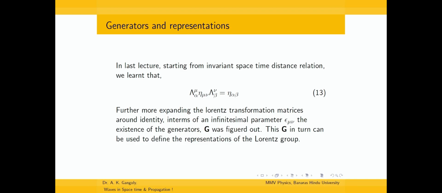These generators were defined in terms of a matrix capital G that carries the indices of the vector under consideration, the space-time indices, and two other indices that coincide with the infinitesimal transformation parameters rho and sigma in our notation.